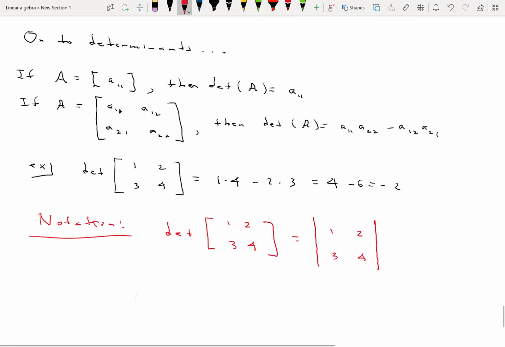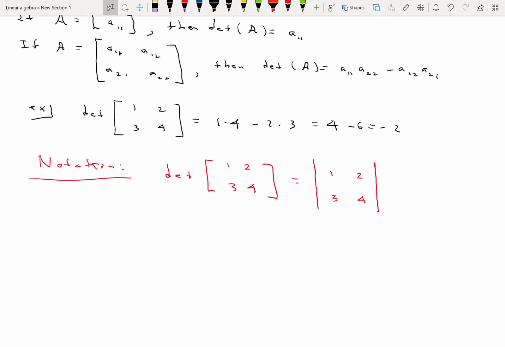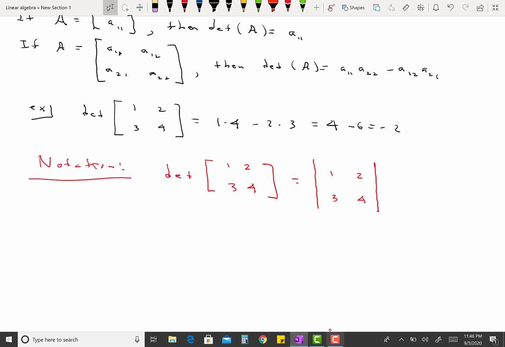Okay. So on to the real purpose of the section, the computation of determinants of larger square matrices than 1 by 1 or 2 by 2. The next example is going to be computing a determinant by expansion about the first row. So all of a sudden we get complicated, or complicated in our description.